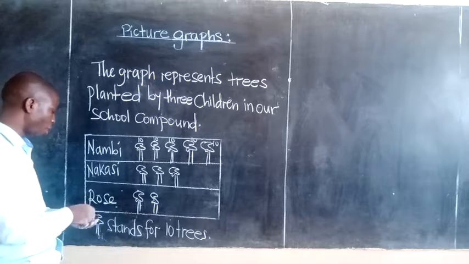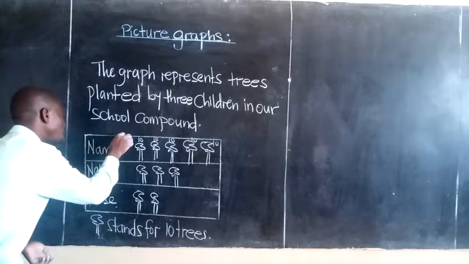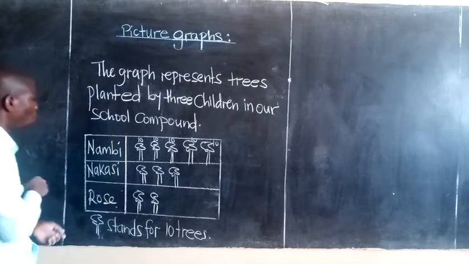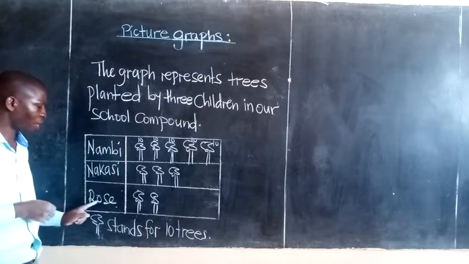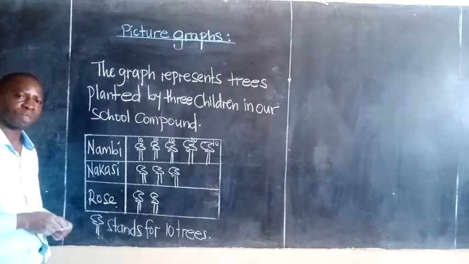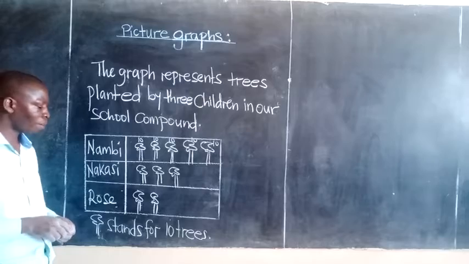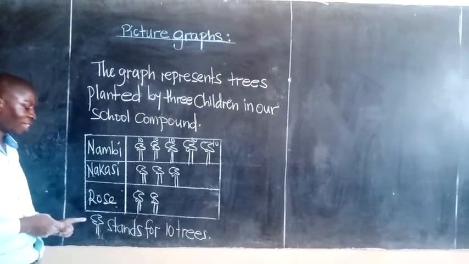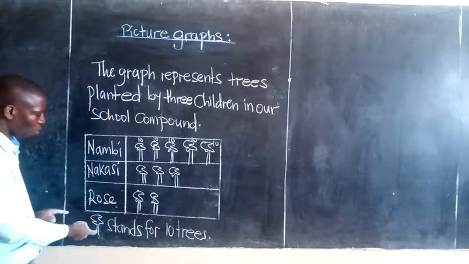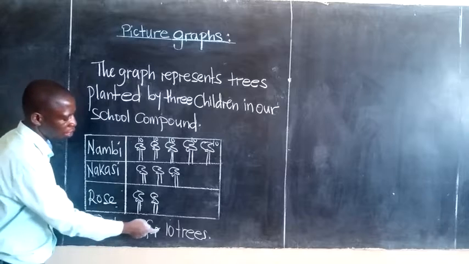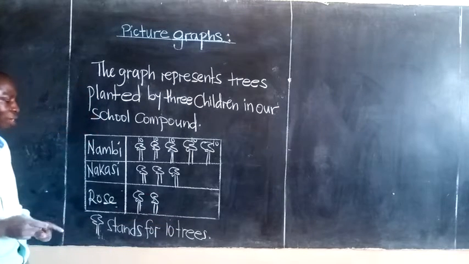So these are the children. We have Nambi, we have Nakasi, we have Rose. They planted trees. But now, according to our scale, one tree stands for 10 trees. What does that mean?